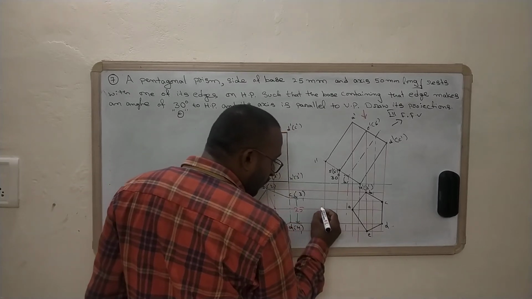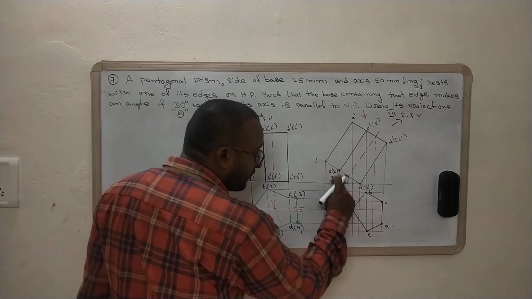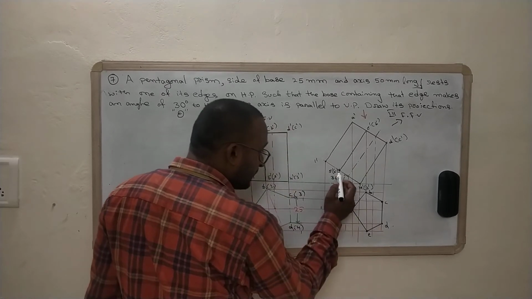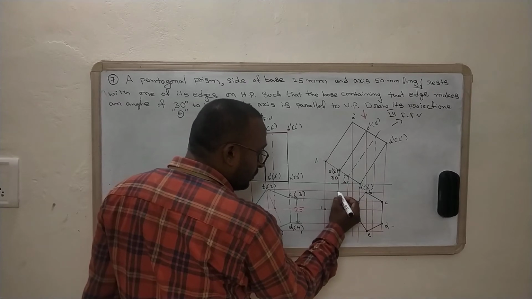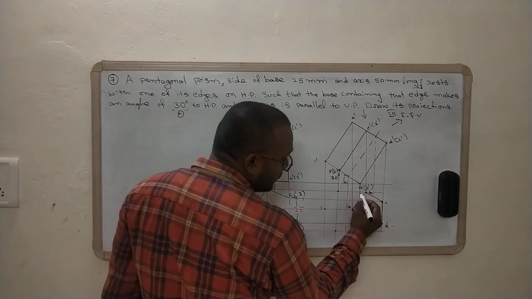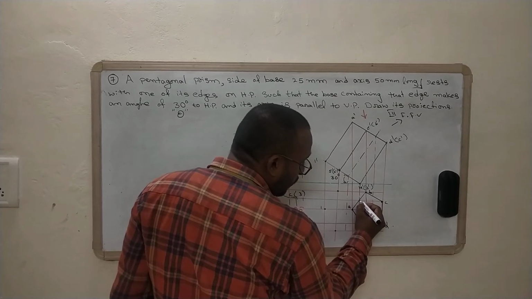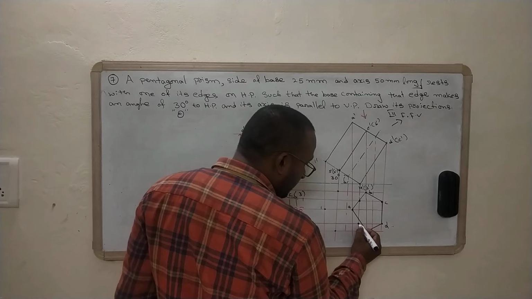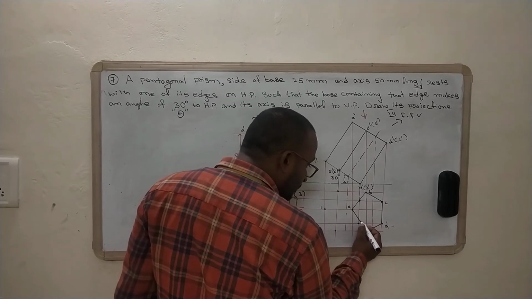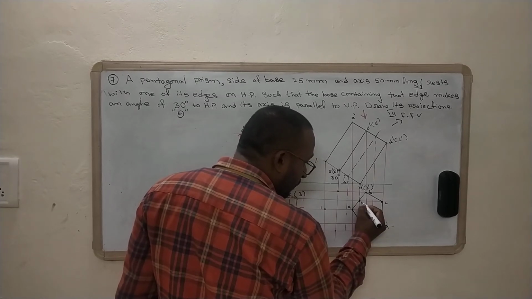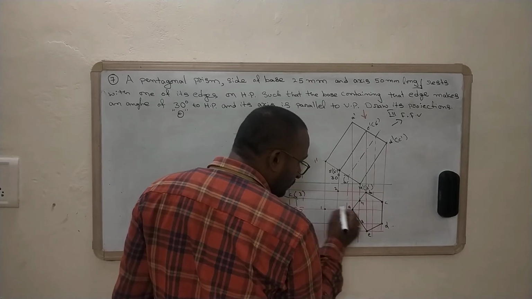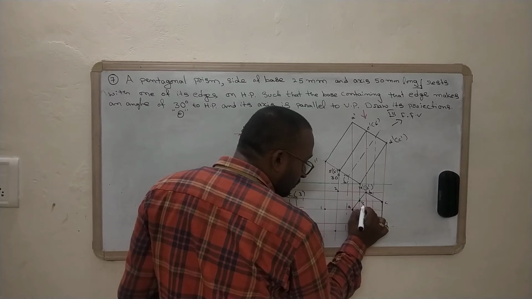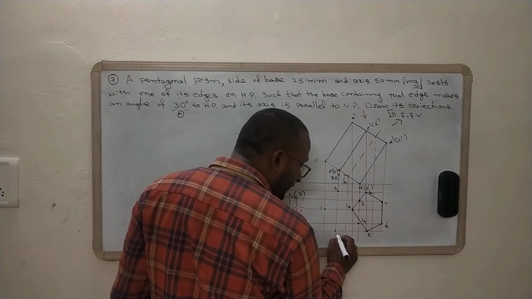So here 1 dash, 5 dash, next 2 dash, then here we will have a 4 dash, then here 3 dash and 4 dash. So here there will be a 3, 4, 2, 4, 3, 2, 1, and here it is a 5.